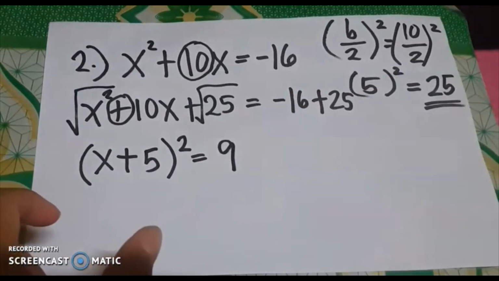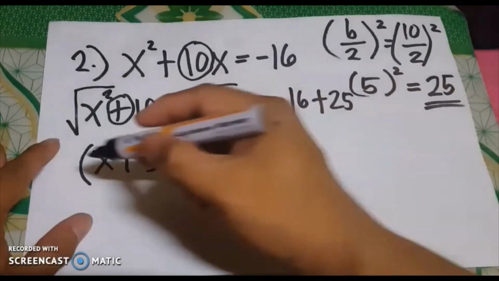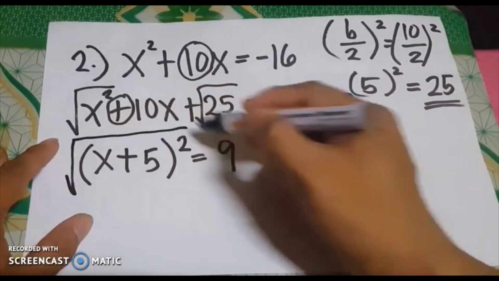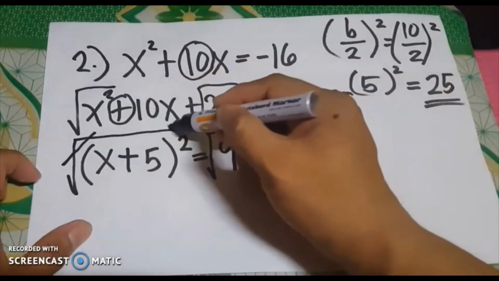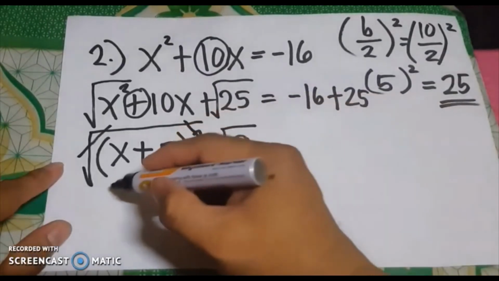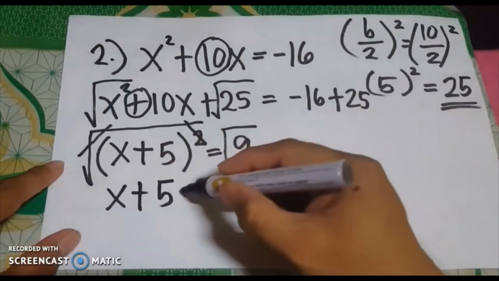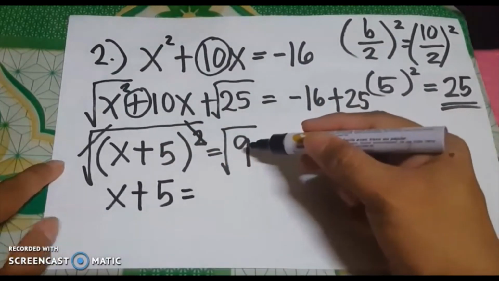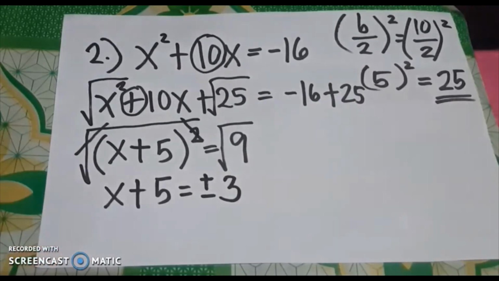Then from there, we are now on a case wherein we can make use of extracting the roots. So that is by getting the square root of both sides of the equation. Then cancel the square root sign because that's the perfect root of it. Then what will be left is x plus 5. Then it will be equal to, since 9 is a perfect square, that will be positive negative 3 as the root of 9.